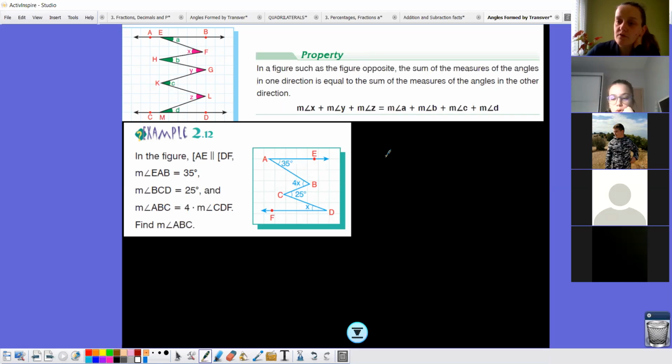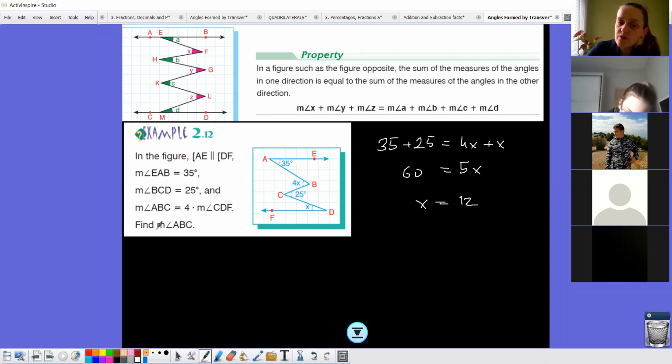And 4x and x. So 35 plus 25 is equal to 4x plus x. Then 60 is equal to 5x, so x will be 12.